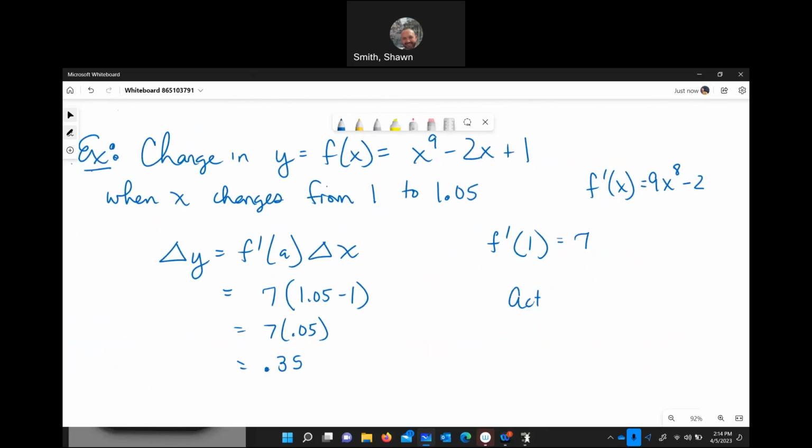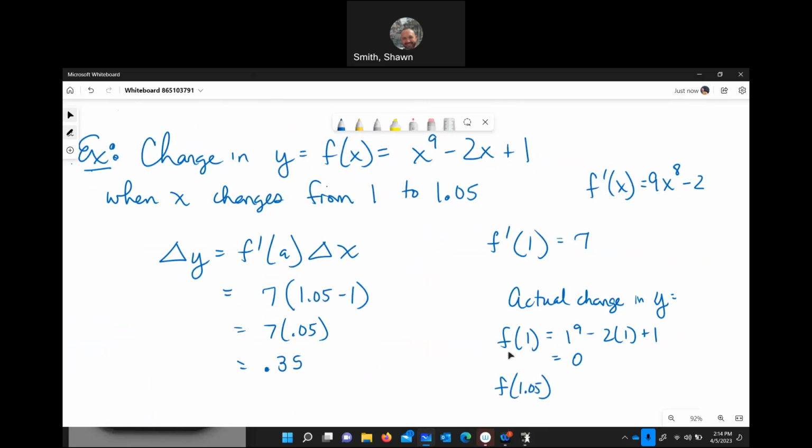The actual change in y, I would have to do f of 1, 1 to the ninth minus 2 times 1 plus 1. 1 minus 2 is negative 1, plus 1 is 0. Then I'll do f of 1.05.